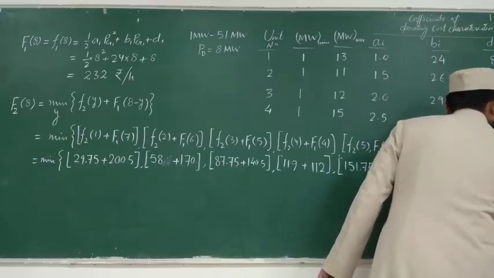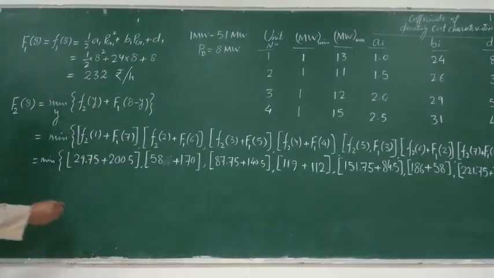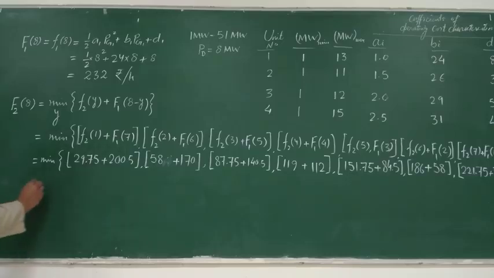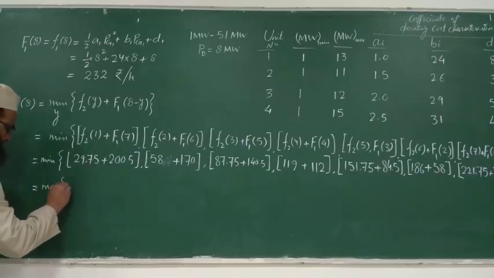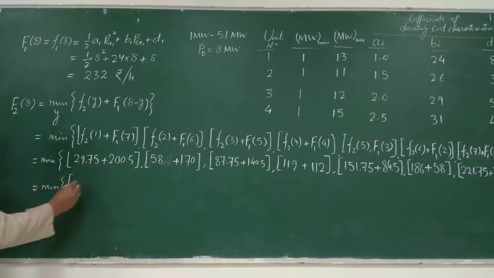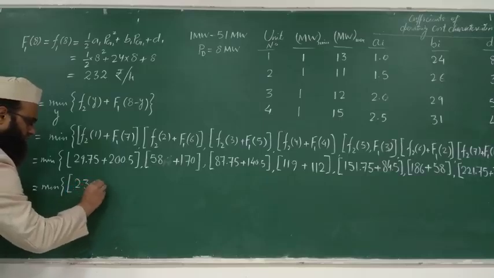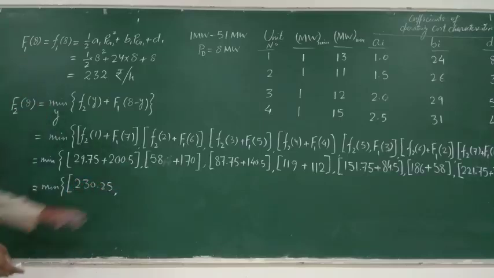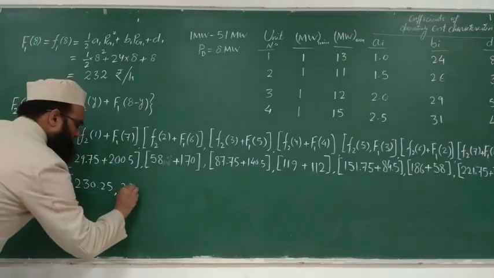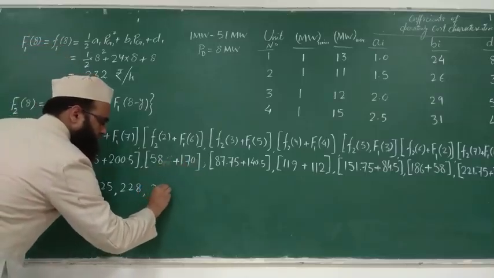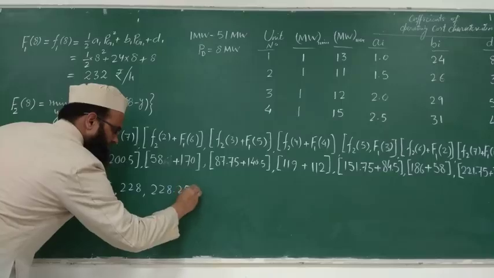32.5. Okay, so finally we will write it equal to, so find these sums. This plus this is equal to whatever it is coming out to be, just write here. Next. Just tell me quickly. Minimum I am writing here. This plus this: 230.25. Comma. What is this? 228. What is this? 8.25, more than this.